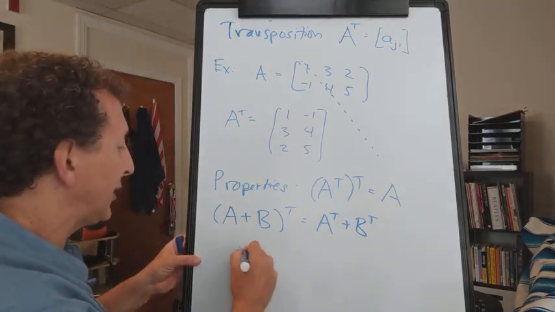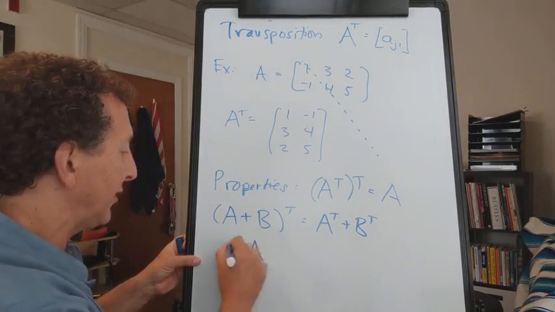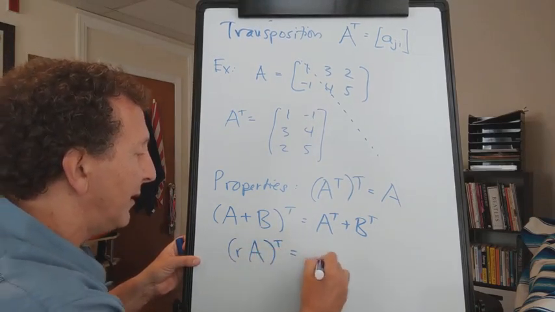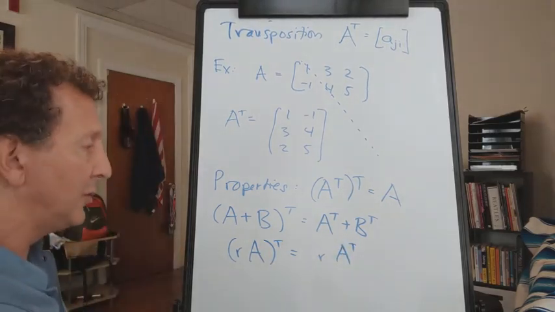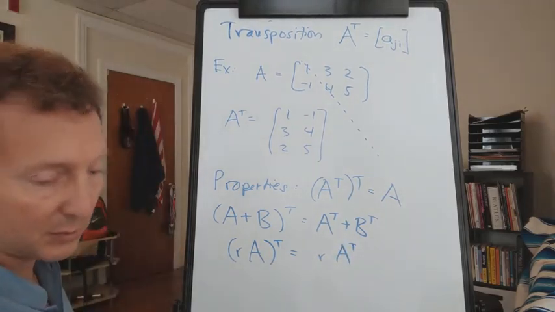If we take a scalar product of a scalar and a matrix and transpose that, that's the same thing as transposing the matrix first and then doing the scalar multiplication afterward.